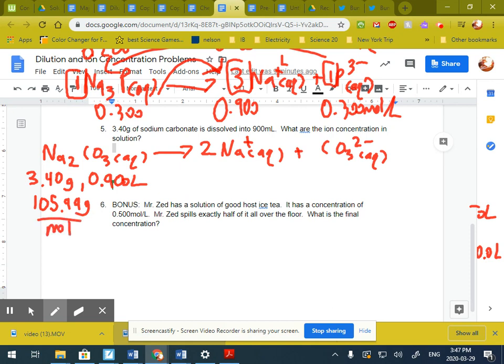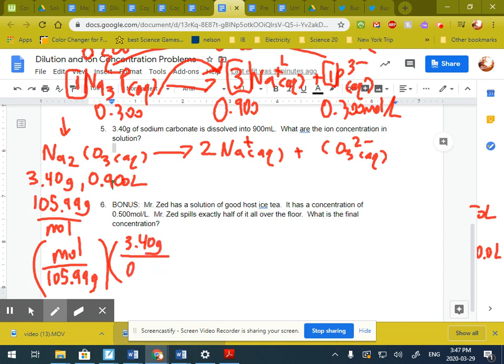Okay, so I've kind of run out of room here, but we need the concentration of this substance before we can move on. So I'm going to cheat a bit and do the math down here. So I'm going to flip the molar mass to get moles on top, and to get rid of grams by putting grams next. And I'm going to put the volume on the bottom because I need moles per liter.